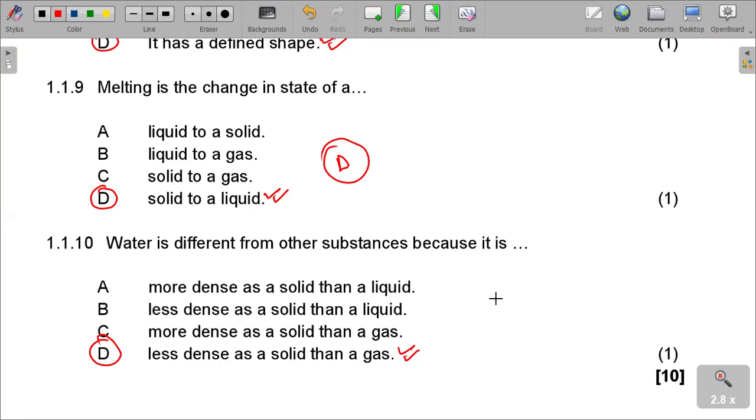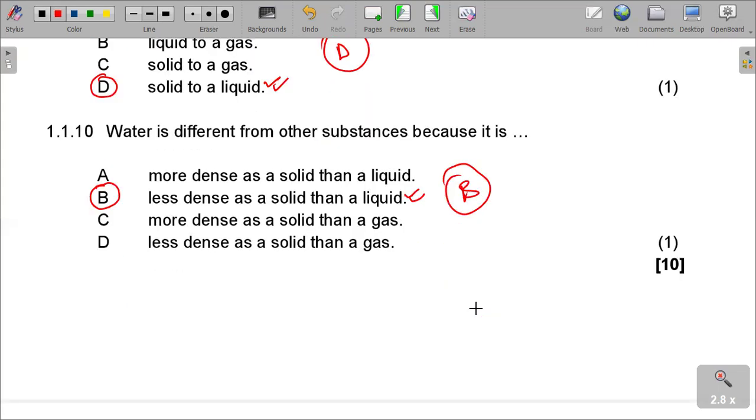Now we are saying water is different from other substances because it is less dense as a solid than a liquid, which is B. It is less dense as a solid than a liquid, which is B.